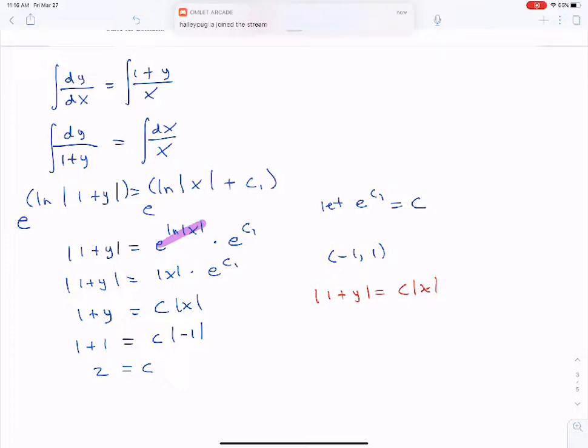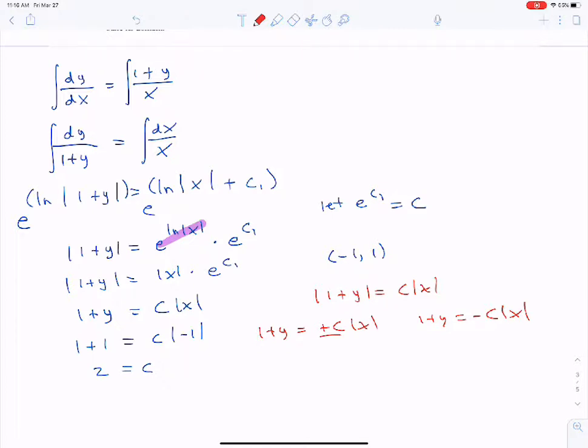Here's why. Normally we'd break this up into two things: either 1 plus y equals positive c times the absolute value of x, or 1 plus y equals negative c times the absolute value of x, right? That's how we would normally break it up. But remember, positive c, what is that?